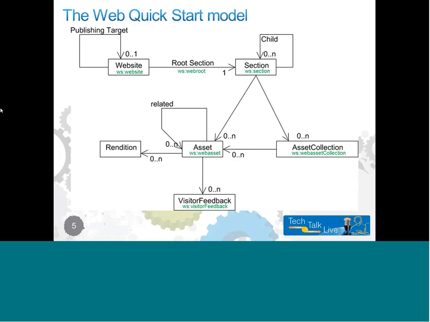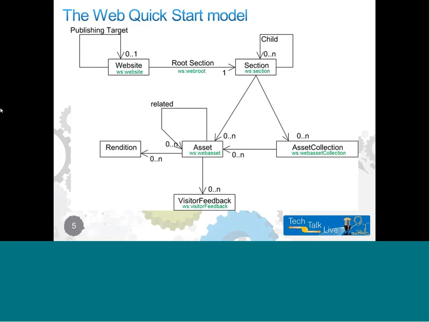A website has precisely one root section, and below there you can have any number of sections. So a section can contain any number of other sections. A section can have zero or more asset collections, and I'll talk about asset collections in more detail in a little while. A section also contains assets, and an asset may be related to any number of other assets.